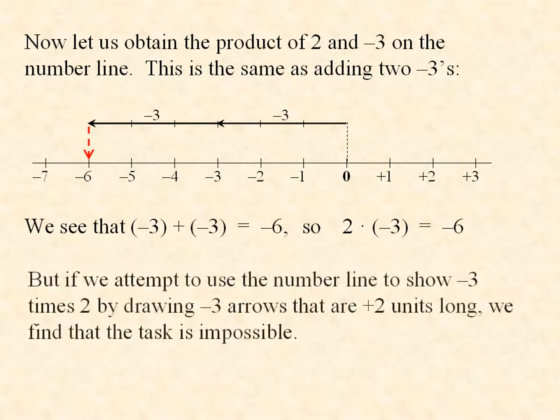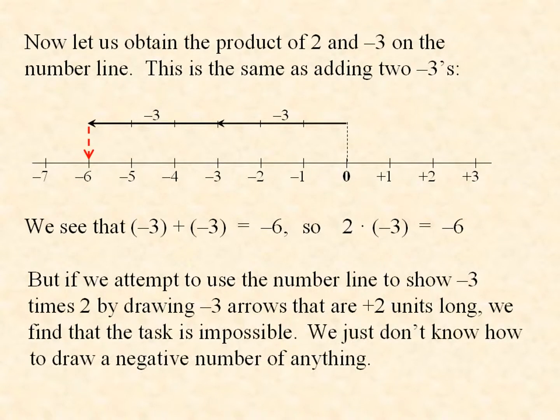But if we attempt to use the number line to show negative 3 times 2 by drawing negative 3 arrows that are 2 units long, we find that the task is impossible. We just don't know how to draw a negative number of anything.